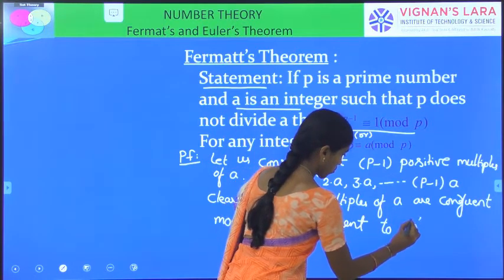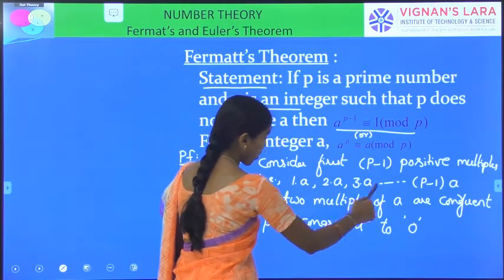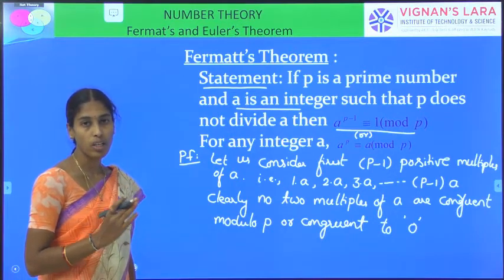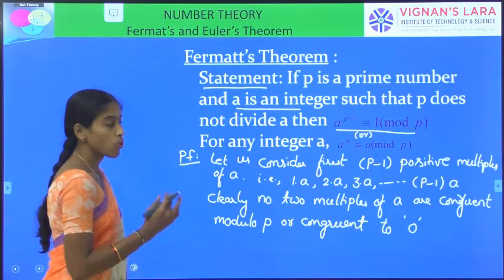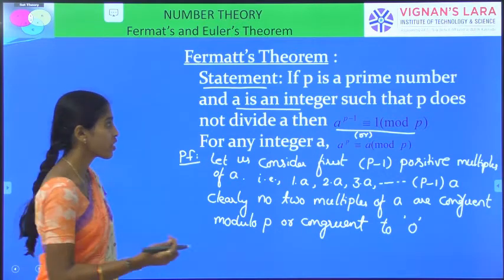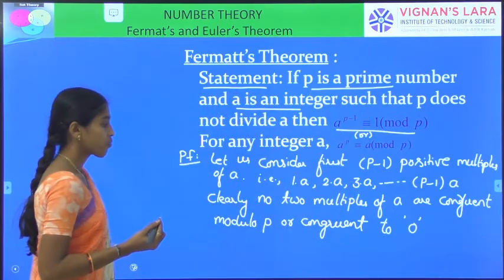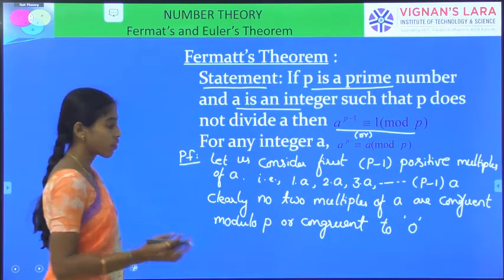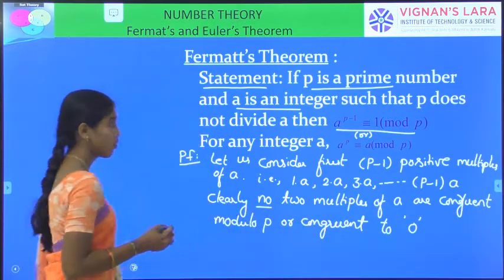So what we are saying here is, no two of the above multiples of A, starting from 1 into A, 2 into A and so on up to P minus 1 into A, are congruent modulo P, where P is a prime number. So those multiples of A are not congruent modulo P, and not congruent to 0, because here we are writing no.